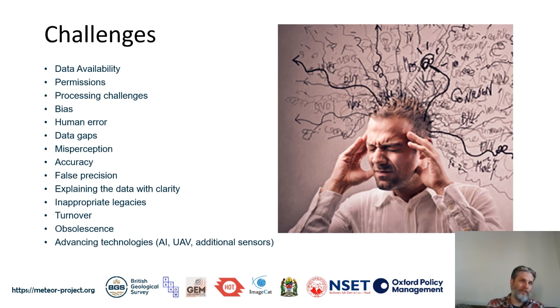So that might be something like the height distribution of buildings in a certain area, or it might be something like the number of nails in roofs and how that varies by year built, for example. There's a lot of assumptions that need to be made, and this is why documentation of the process is so important.